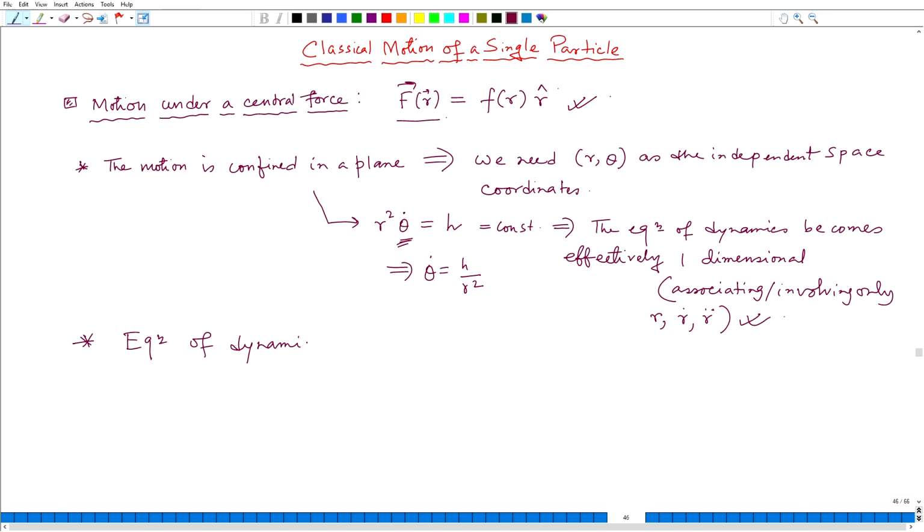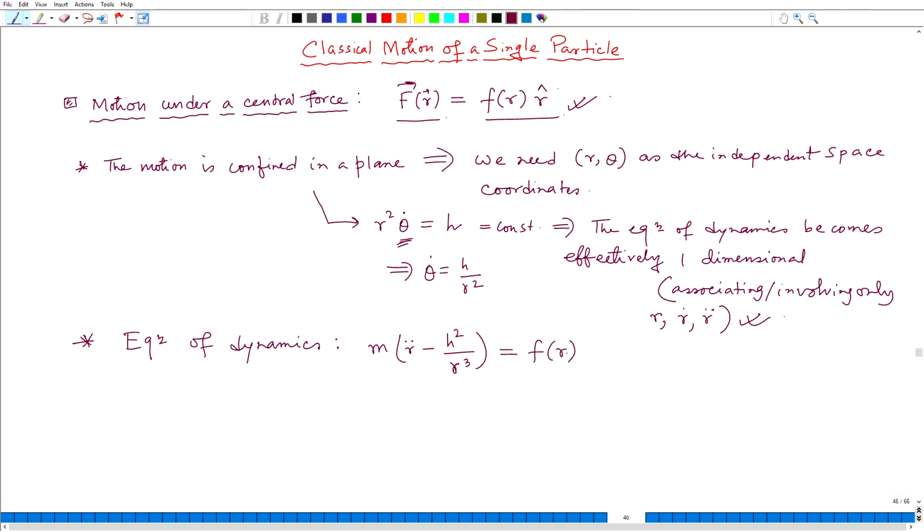the equation of dynamics which is meaningful only in the radial direction, because the force is in the radial direction. It simply becomes m r double dot minus h square by r cube is equal to f of r.